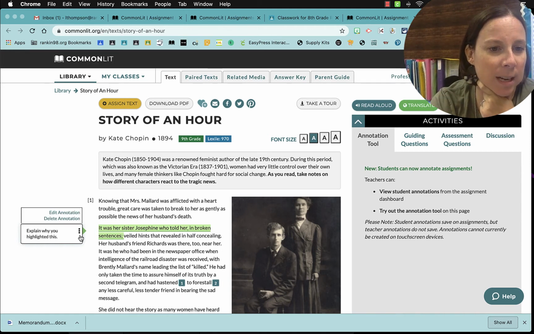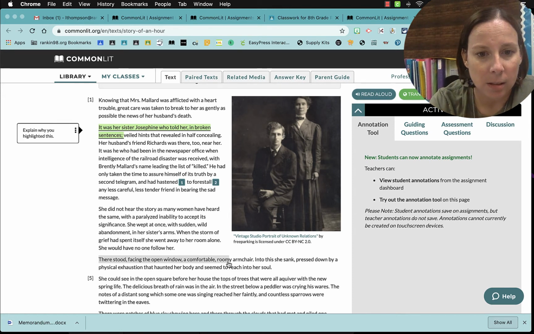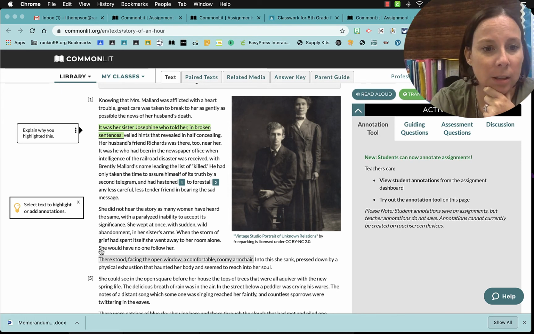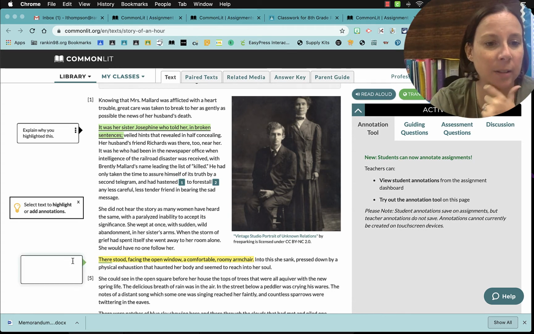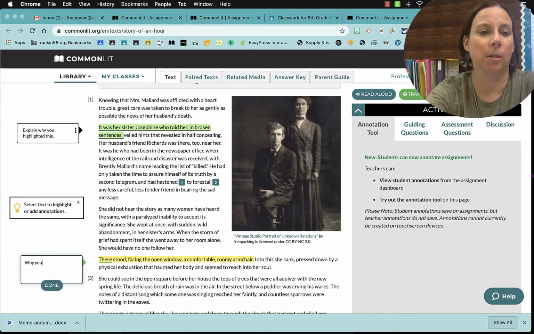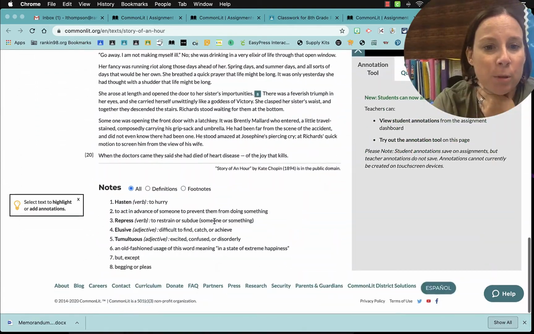If you click these 3 little dots, you can edit or delete it. Once you're done highlighting, you got to explain it. So you're going to go all the way through the story.